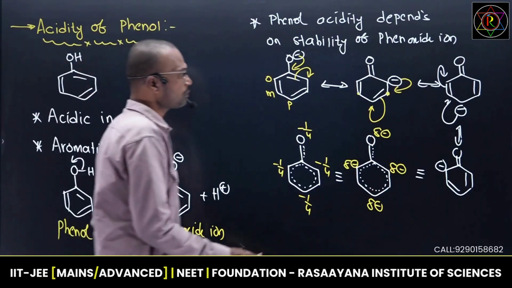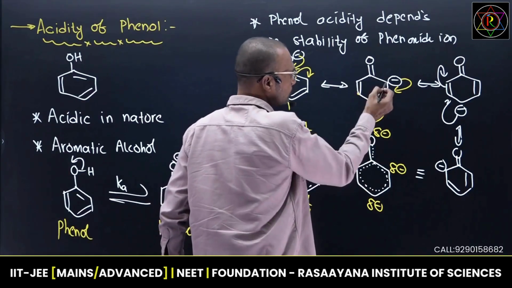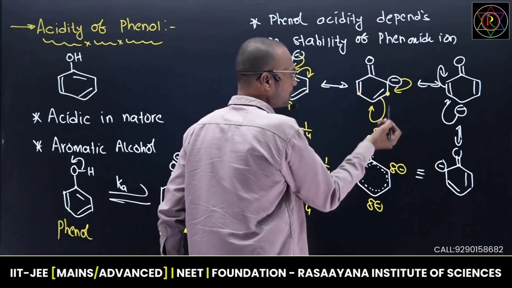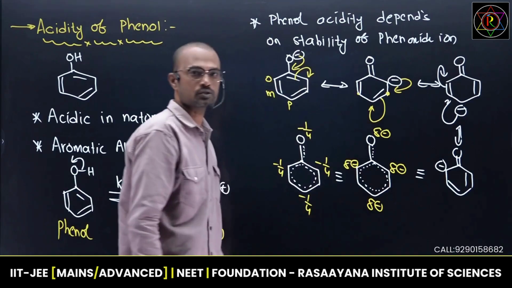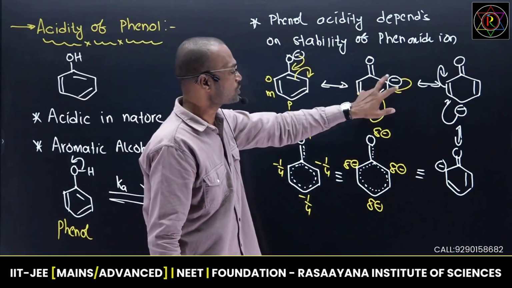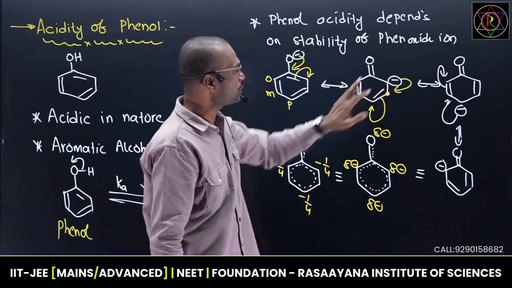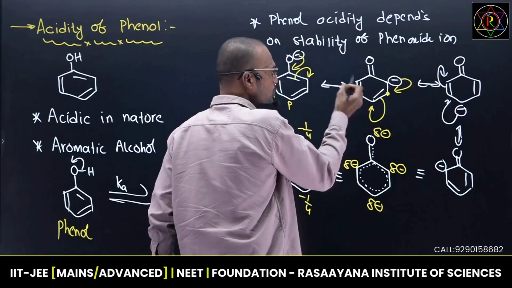And try to remember one key point. The ortho position carries more electron density, then the para position also carries more electron density, followed by the other ortho. At meta, there is no excess electron density. Suppose I want to increase the stability of phenoxide by substituting electron withdrawing groups at the ortho position, para position, and the other ortho position.